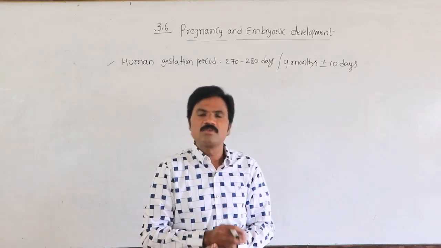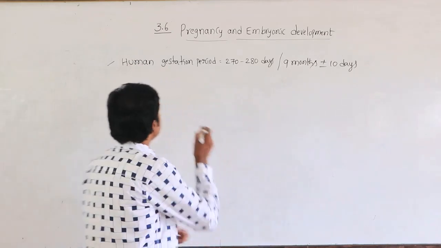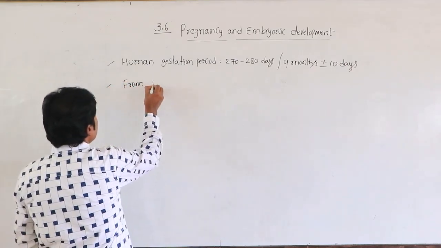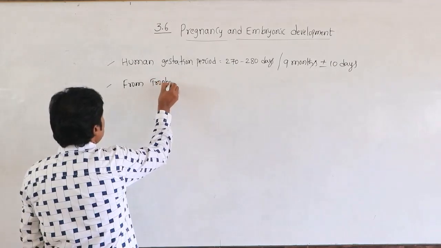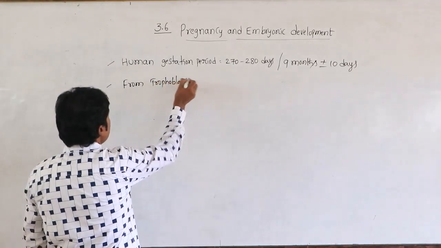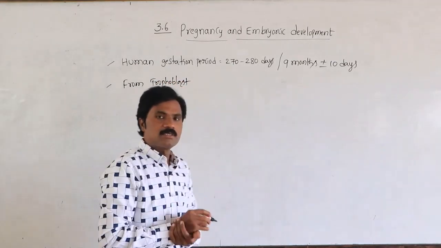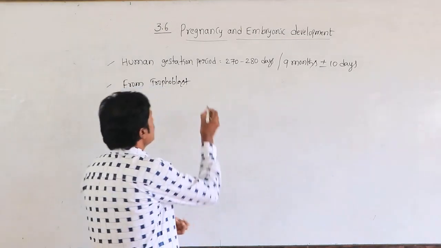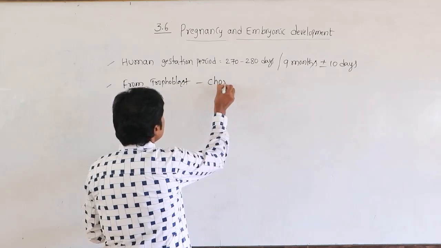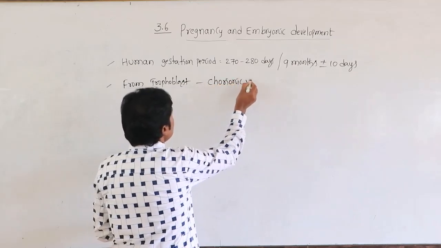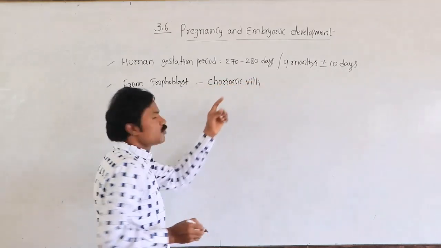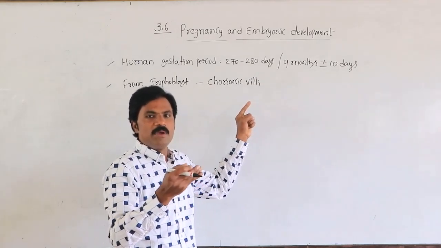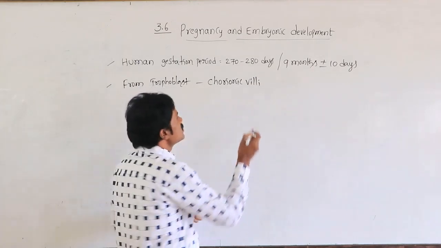We call them chorionic villi. From the trophoblast, one among the membranes, it projects chorionic villi. These chorionic villi in the future form the placenta.